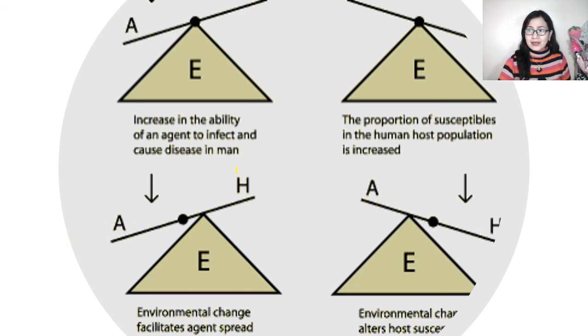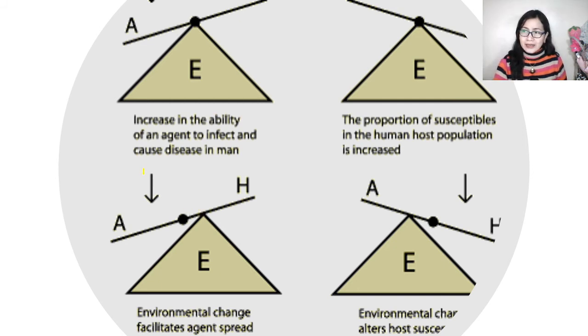Okay, so next you have here the environmental change. A while ago, please take note that the dot here holds an equal proportion between the agent and the host. Now here the environmental change facilitates the spread of the agent, of microorganisms, for instance.